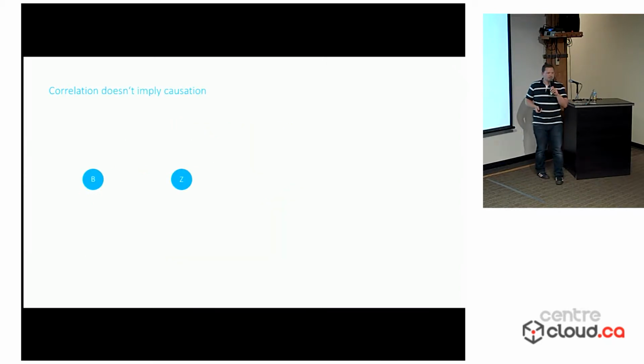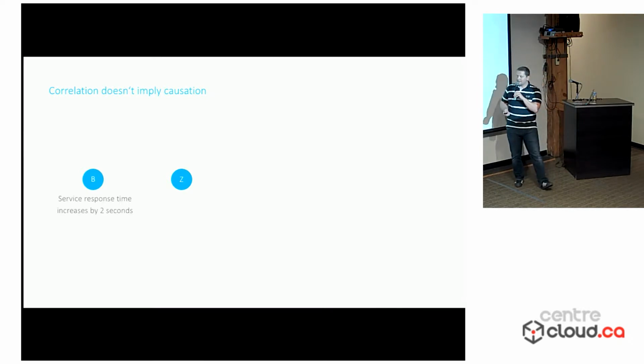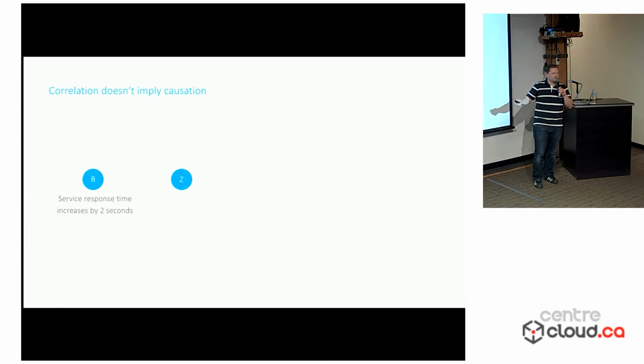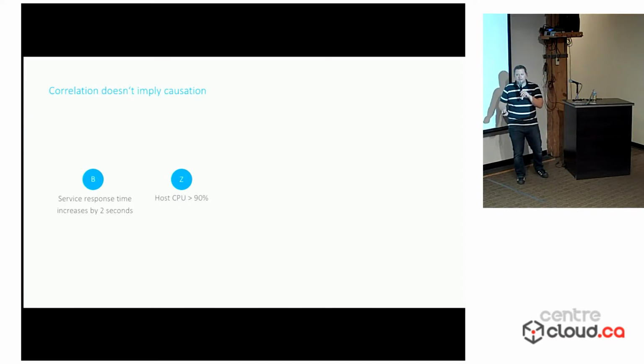Let's take a look at an example that is more related to IT. Imagine you have a service running in your environment, and for whatever reason you know that the response time increased by 2 seconds. Take another entity of your environment, a host, whose CPU utilization is above 90%.